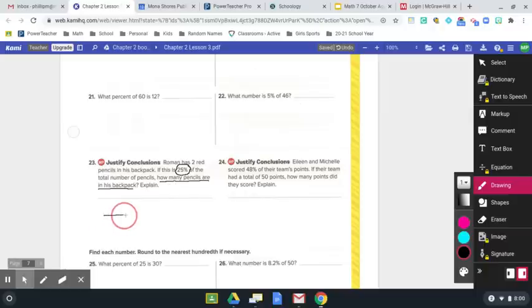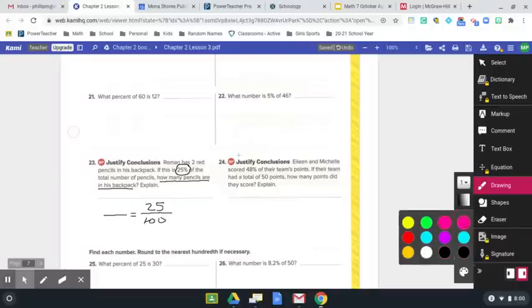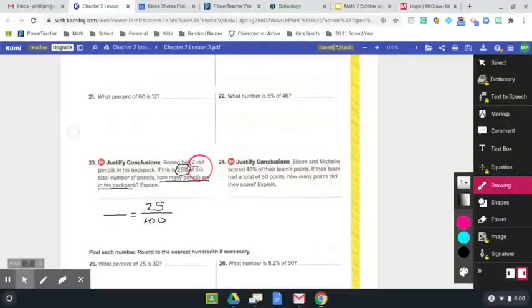So I want you to think about 25% out of 100%. And 2 are red out of all of the pencils that he has. So being able to identify what's the part and what's the whole, he's got 2 red, that's your part.